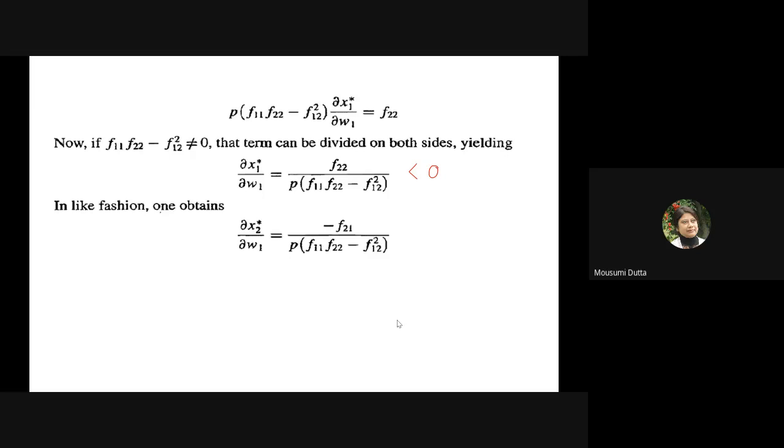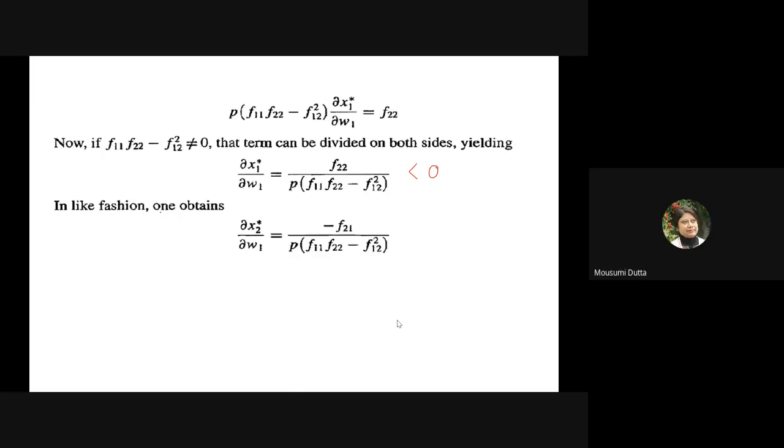Are you understanding? Because this is the cross relation, del x2 star by del w1. It is a cross relation. So if this is negative, what does it mean? If this is positive, what does it mean? If the sign is negative, are the inputs complementary in production or substitutes?